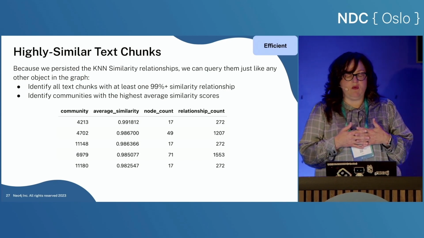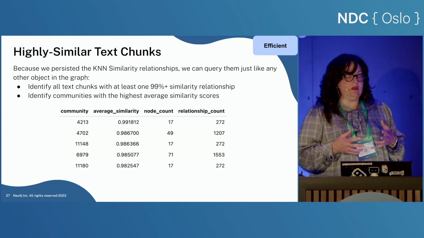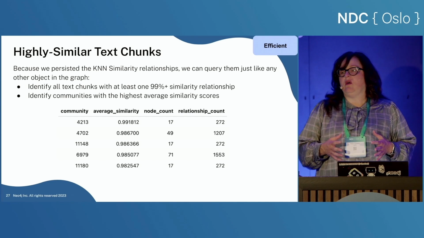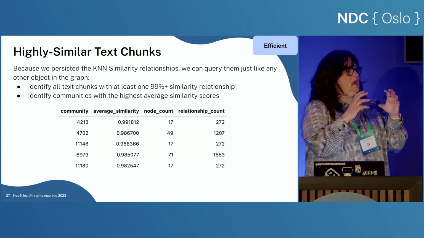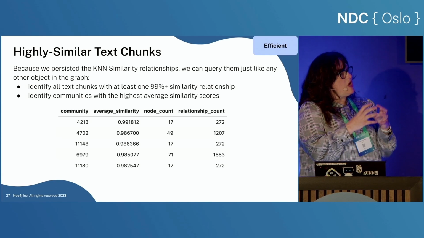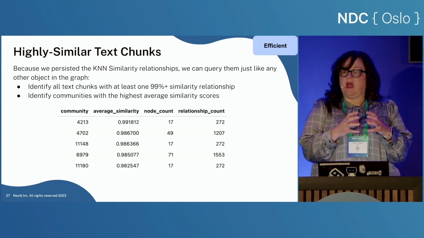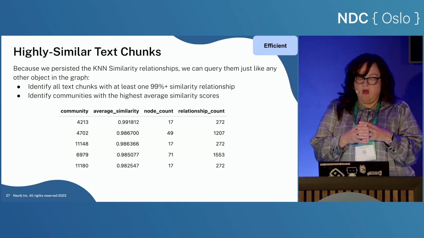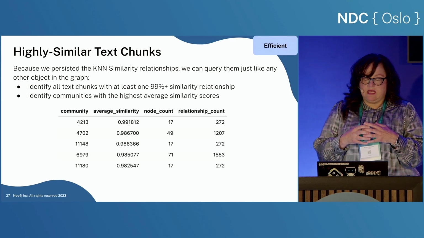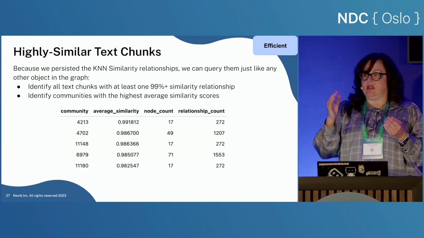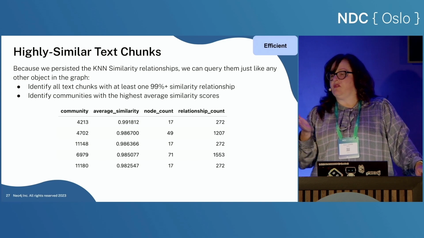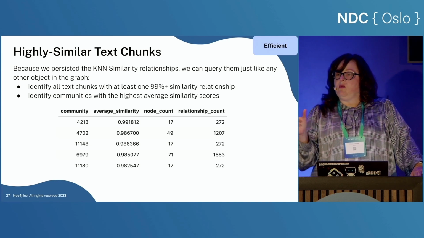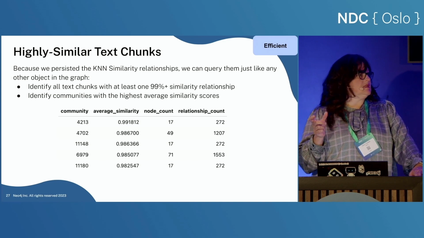The other thing that we want to look at is highly similar text chunks. So what we're talking about here is that one on the left where we had the community where those documents were very similar and they were highly connected. We wanted to look, you see this first column, we've got the community number, and then we have the average similarity. So we know we have this vector and we create that similarity score.